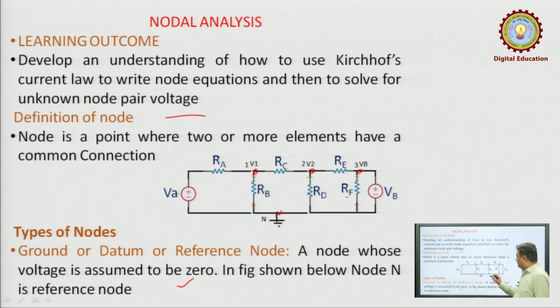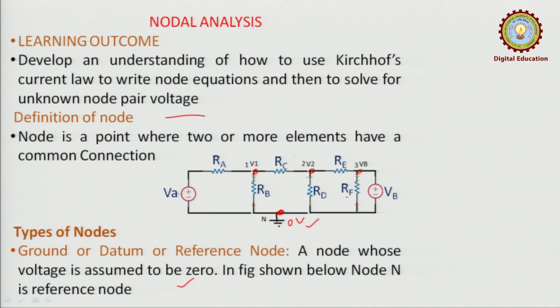In the figure, this is the node whose voltage we are assuming to be 0 volt, hence this will be called the datum node or reference node, and this will be used to find the voltages of other nodes with respect to this only. That is why this is called the datum node or reference node.